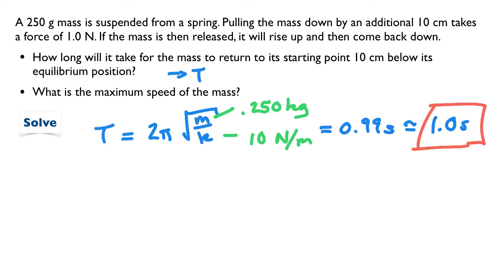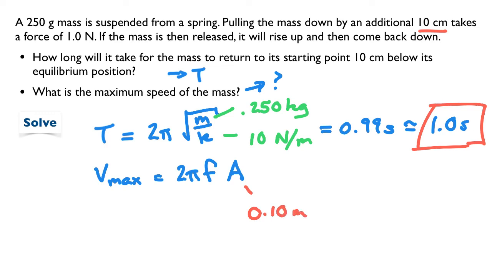The second piece asks, what is the maximum speed of the mass? And remember, we had an expression for v max for something in simple harmonic motion, and that was equal to 2 pi times the frequency times the amplitude. Now the amplitude of the motion is how far the mass is from equilibrium. Well, we've pulled it down by an additional 10 centimeters from its equilibrium position, so our amplitude is just 0.10 meters.